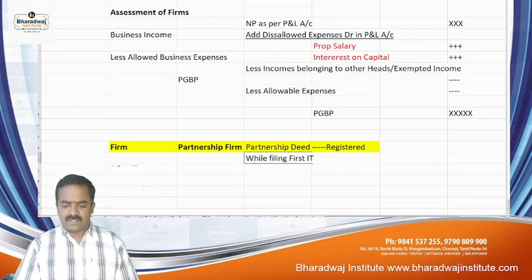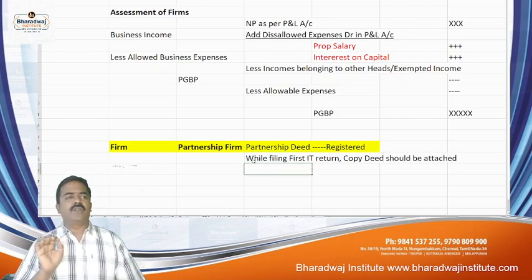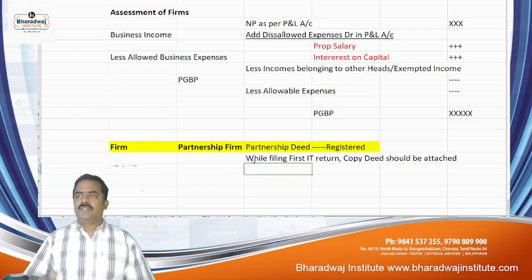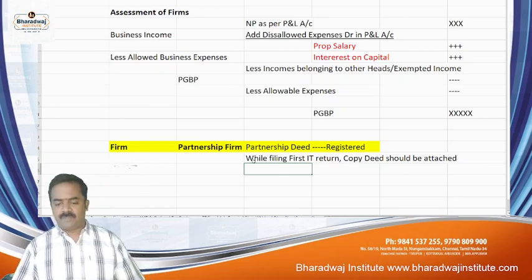Then, while filing the first income tax return, a copy of the deed should be attached. When you file your first income tax return, the partnership firm should attach the registered deed to prove that you are a partnership firm.